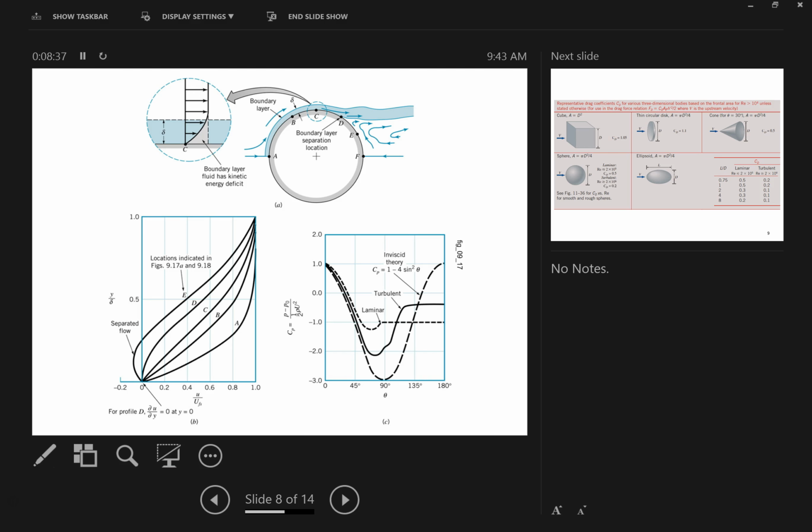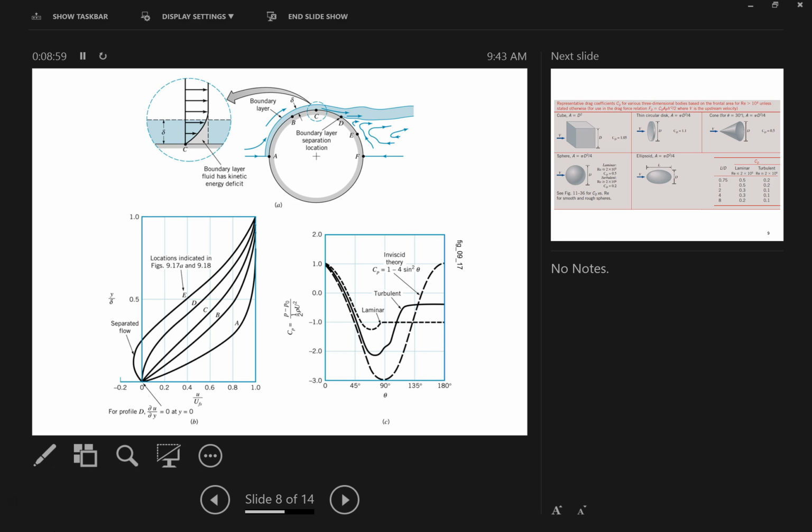And that's the reason why we get drag. If we didn't have these flow separations and everything came back to normal, then there would be no drag. We could slide through everything and not have to worry about anything. But there becomes a point where it doesn't stick anymore, just because it can't make that bend.